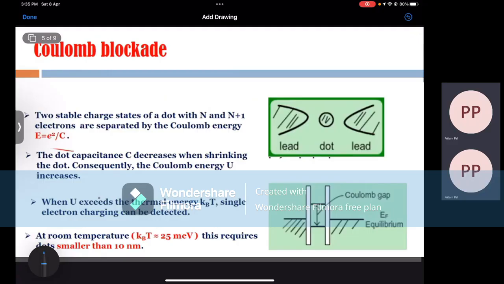Here are two stable charge states of the dot, with n and n plus one electron.